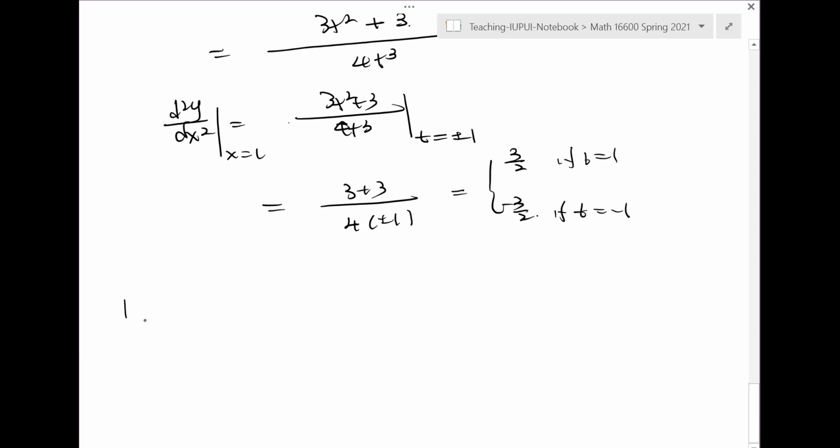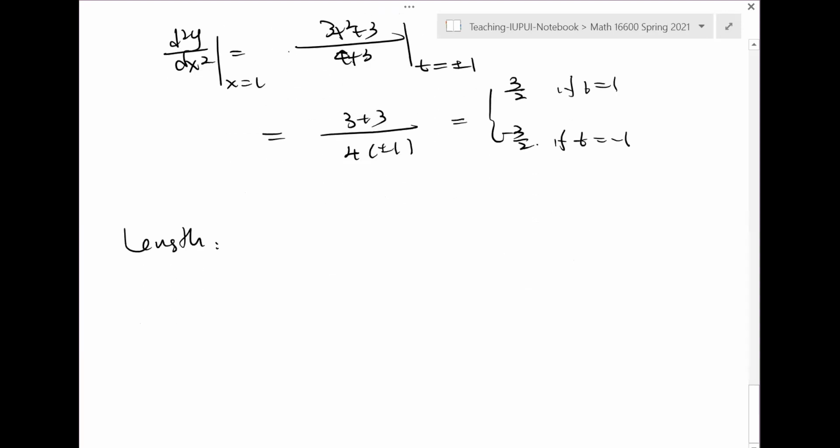Now we're talking about the length of a curve. I already discussed this before, right?